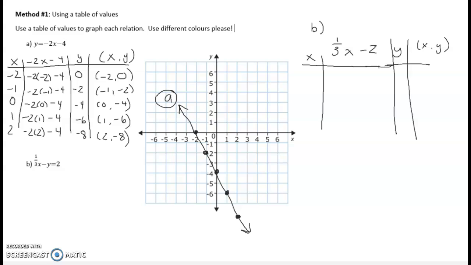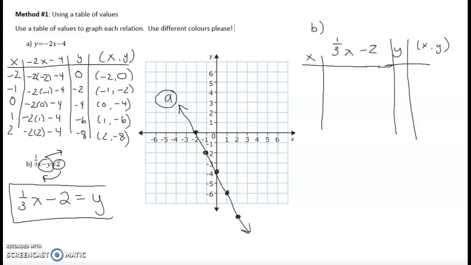So I'm going to move this y over to this side, and move this 2 over to this side. So you're left with 1/3 x. The 2, when you move it over, turns to a negative 2. Then put your equal sign, and the negative y, when you bring it over, turns to a positive y. So this is our new equation.